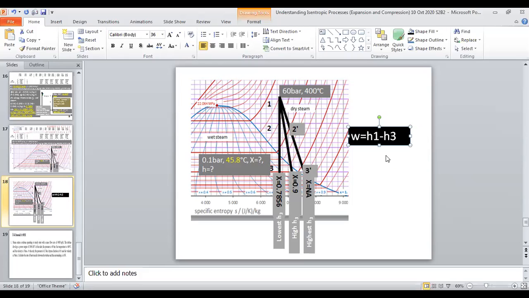W is H1 minus H3. So when you have the lowest H3, you have the highest W. Okay, this is the highest W. Highest W, lowest H3. Interesting.